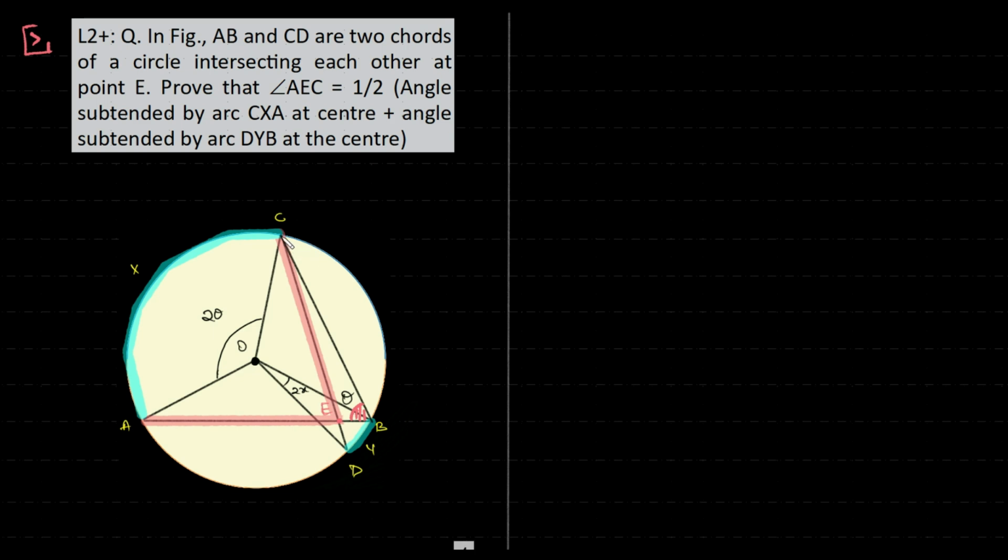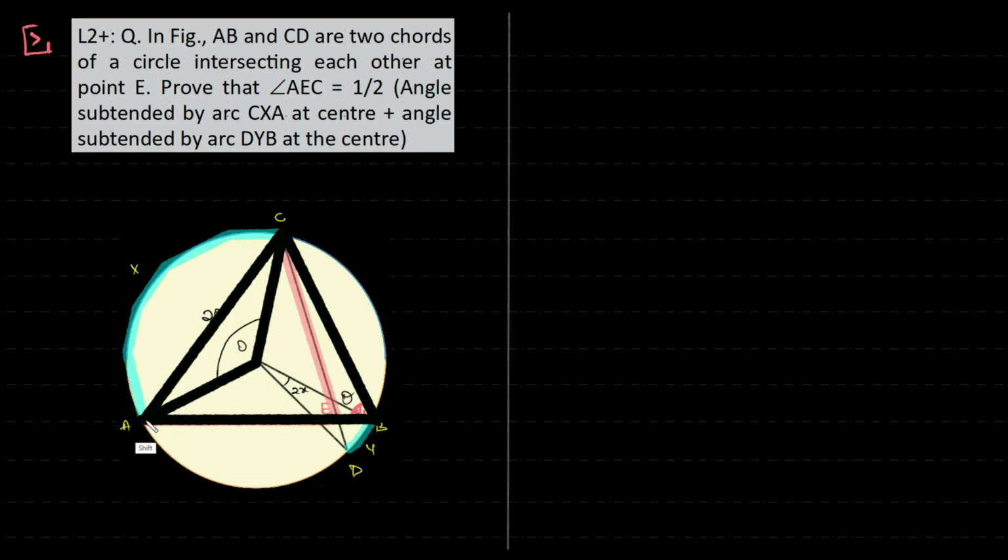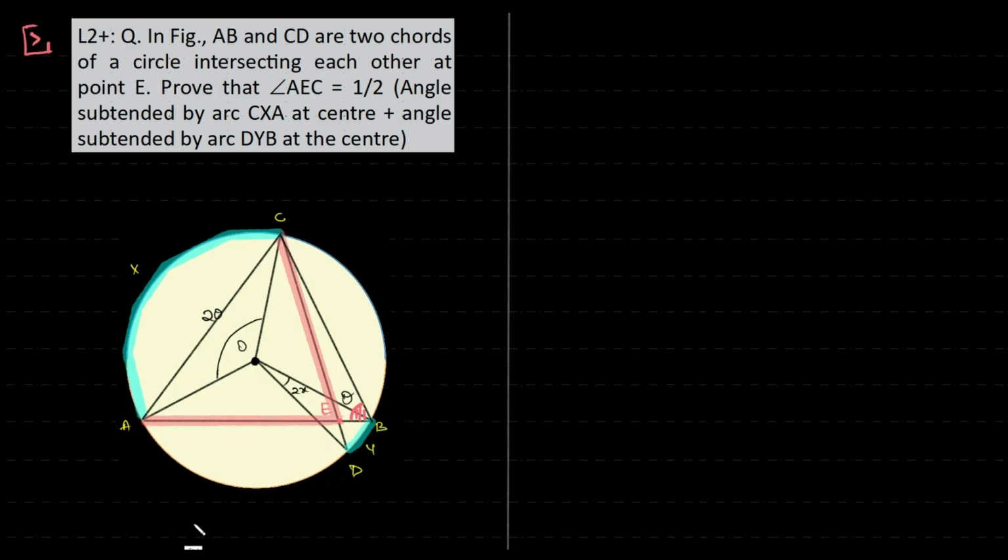Okay, if this were the chord, this is the angle subtended at the circumference and this is the angle subtended at the center. Agree? So this realization is a must. Similarly, if DYB has an angle of 2x at the center, how much will it be at the circumference?